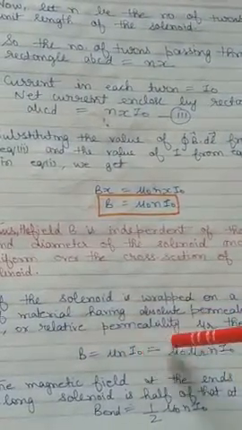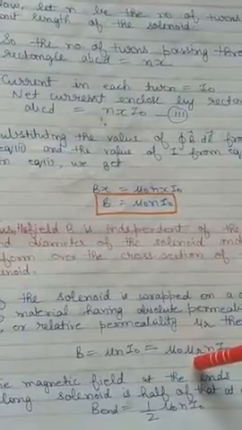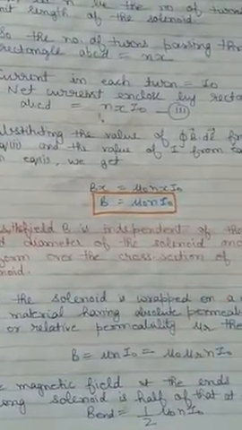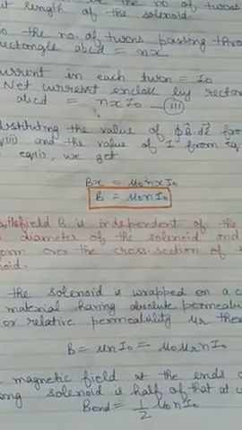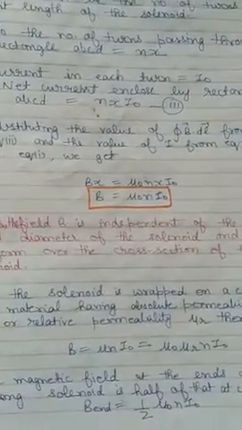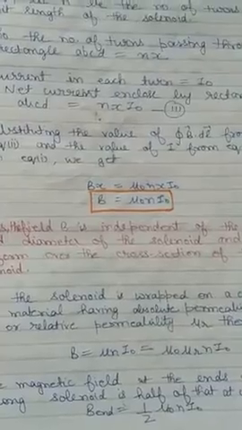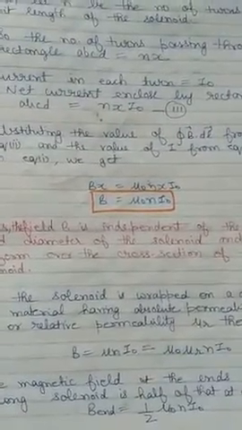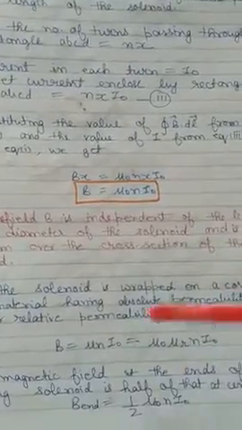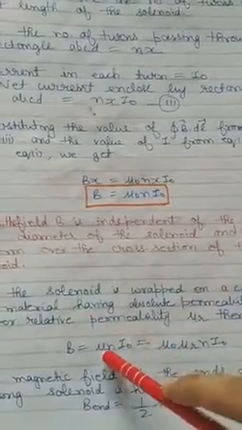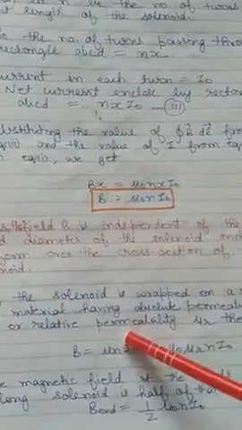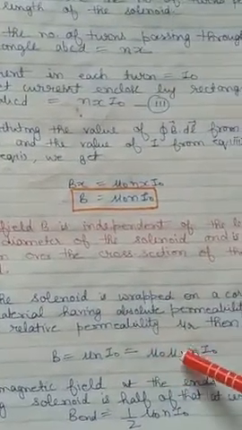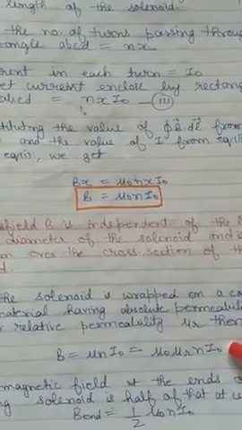So mu n into I naught, or mu r n into I naught, where mu r is the relative permeability. So relative permeability mu r is equal to mu by mu naught, so mu will become equal to mu naught into mu r. So we can write this as mu n into I naught, that is the permeability of the material, or as the product of the permeability of free space and the relative permeability, times n into I naught.